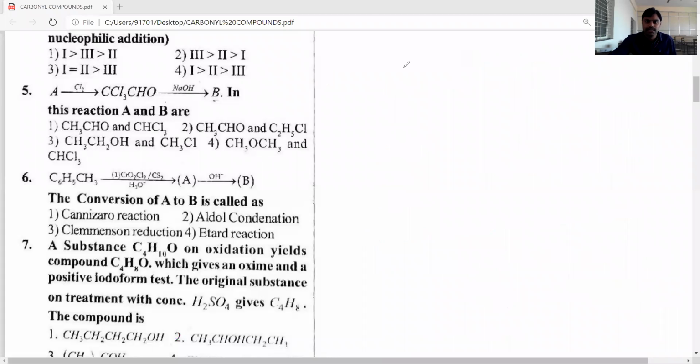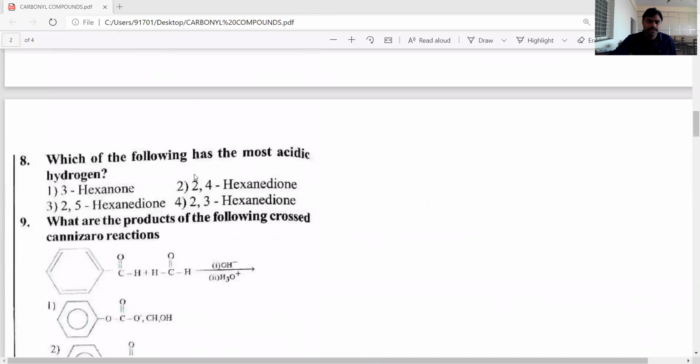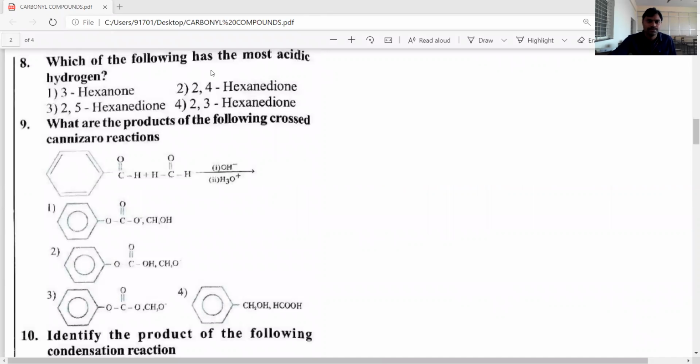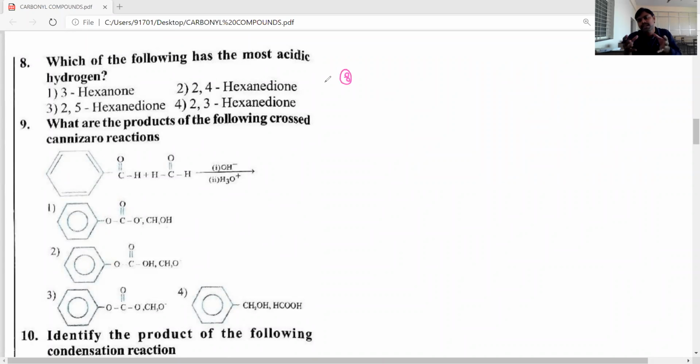Okay, students, let's see the next question. Eighth question, dear students. It's very easy. Among the following, which has the most acidic hydrogen atoms? The hydrogen atoms which are bonded with two electron withdrawing groups are considered more acidic hydrogen atoms.